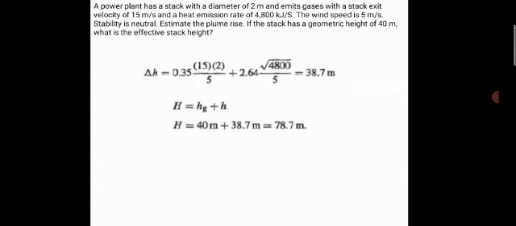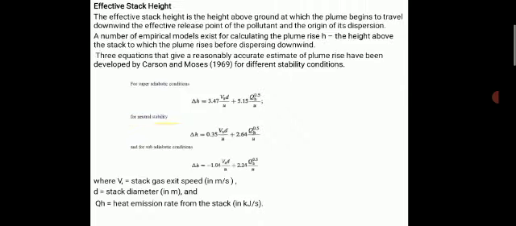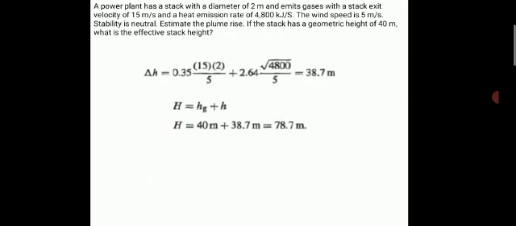So we apply the formula for delta H suitable for the neutral condition, which is 0.35 times Vs, the speed of exit gas, times the diameter of the stack divided by the wind speed, plus 2.64 times QH to the power 0.5 divided by the wind speed, which gives 38.7 meters.